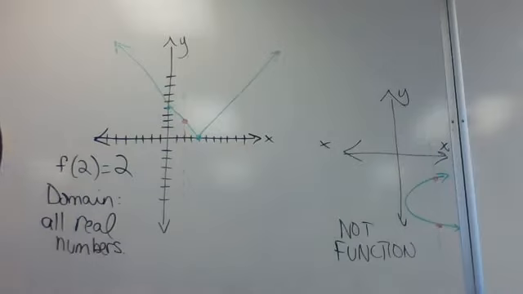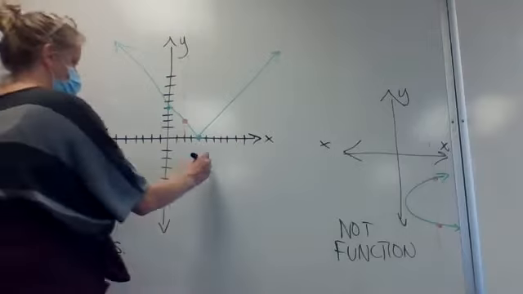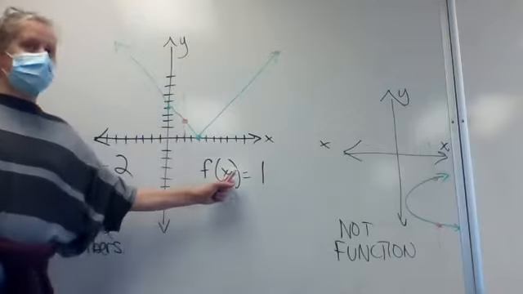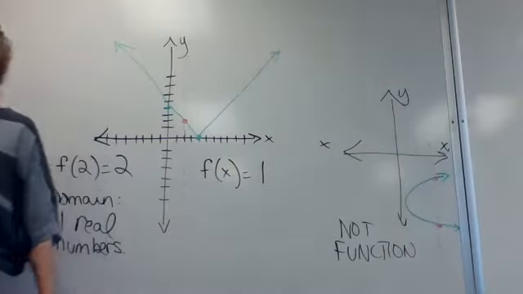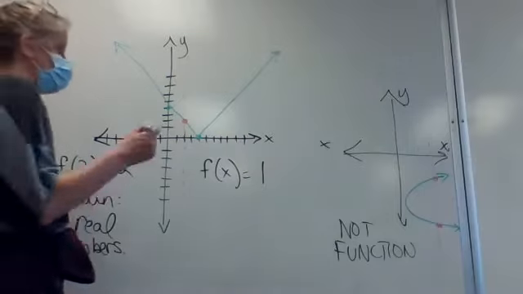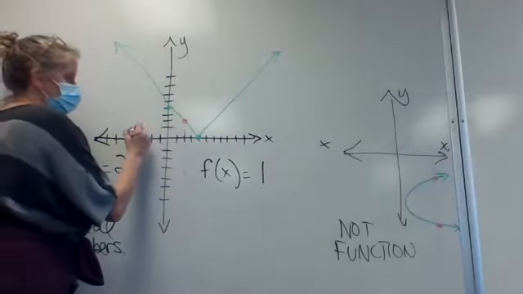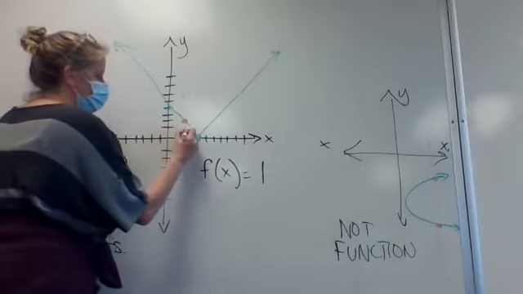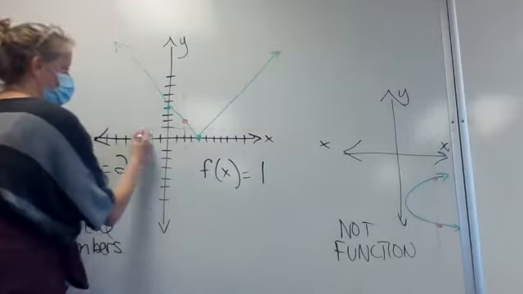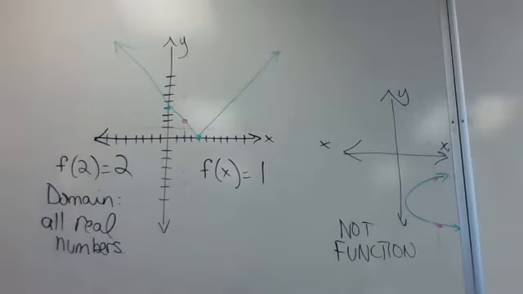Okay, the next part is talking about y's. So if f of x equals 1. So it's trying to find the x's that go with y being 1. So go to your y-axis, find the 1. Everywhere on this line, y is 1.